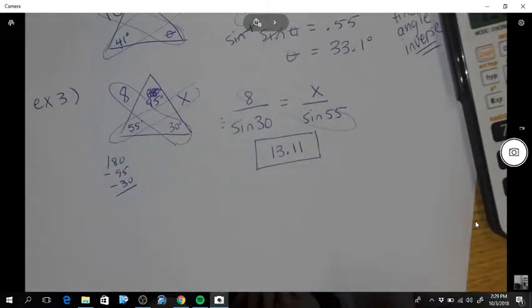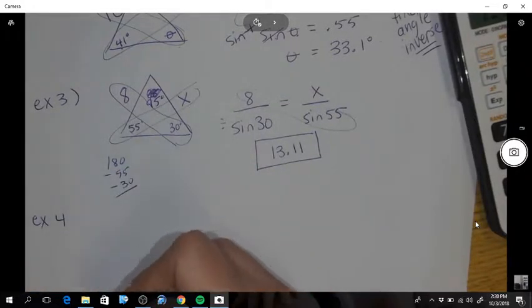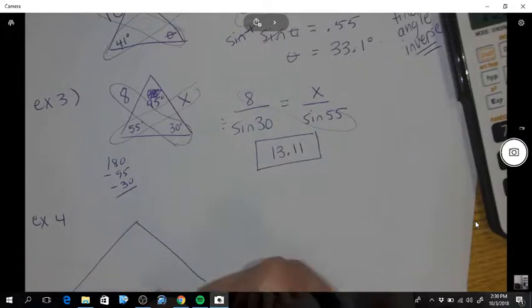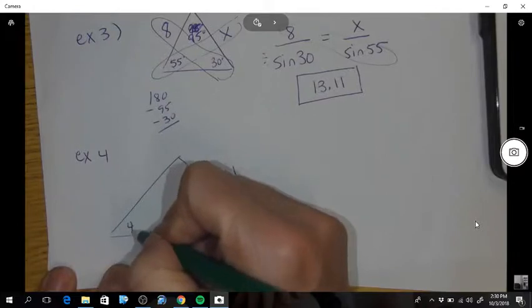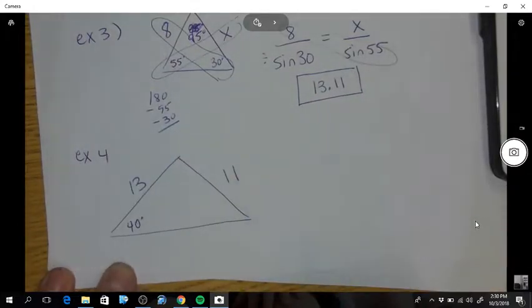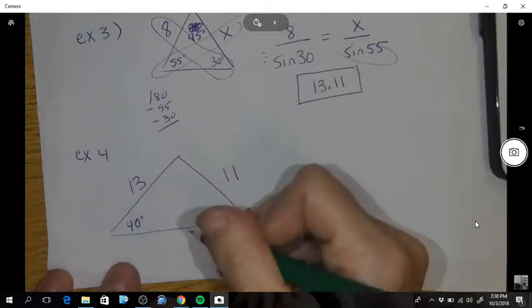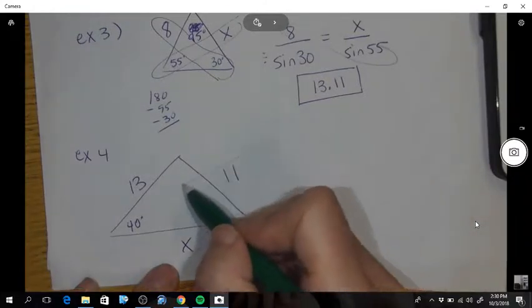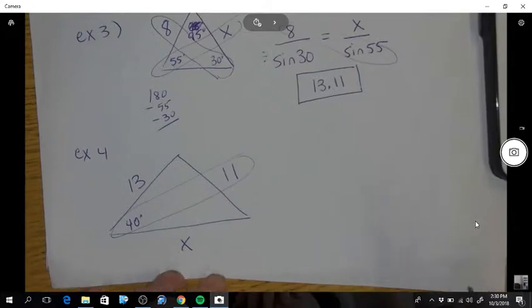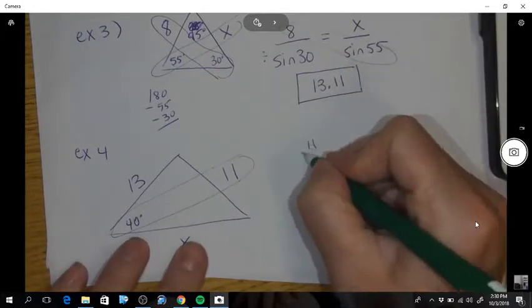Okay, last example. All right, we have a side length 11. We have 40 degrees, 13 side length, and we are going to find x down there. Okay, so here we go. There's our ratio with each other, 11 over sine 40.